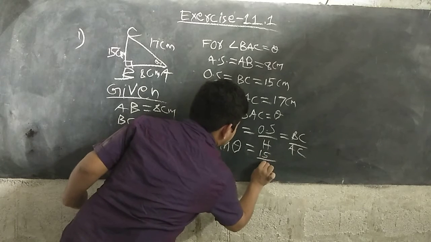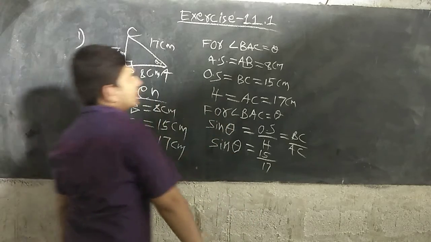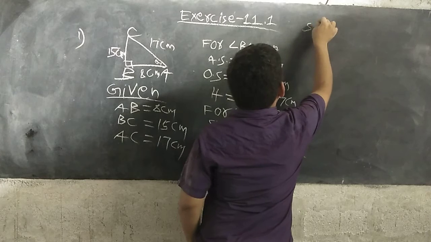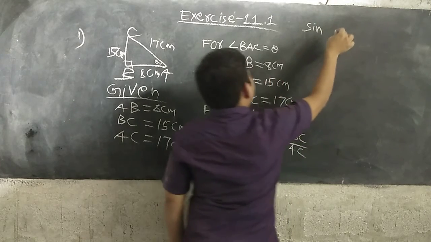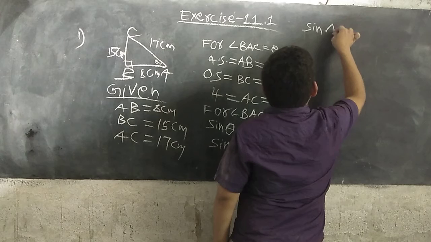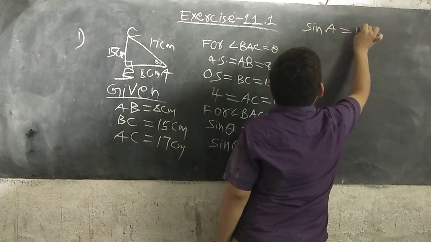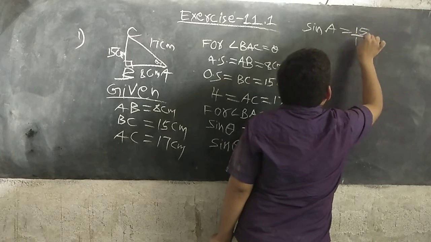Theta is angle A, therefore sin A equal to 15 by 17. This is the sin A value.